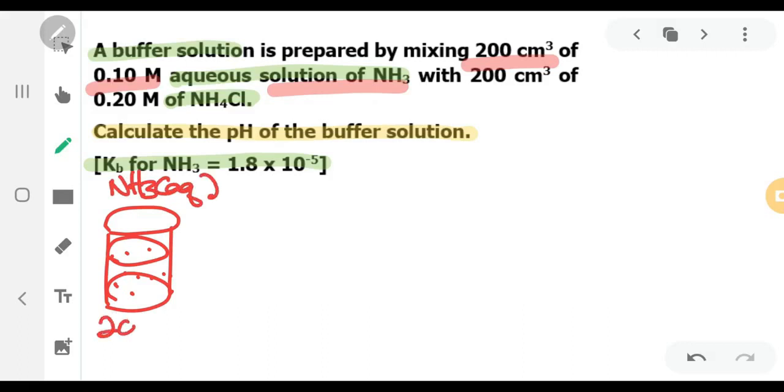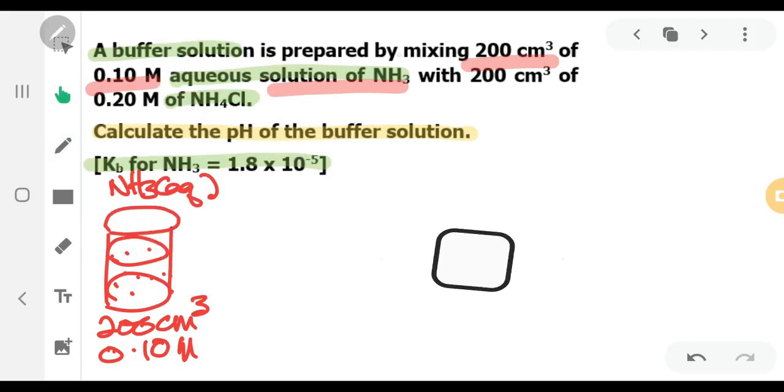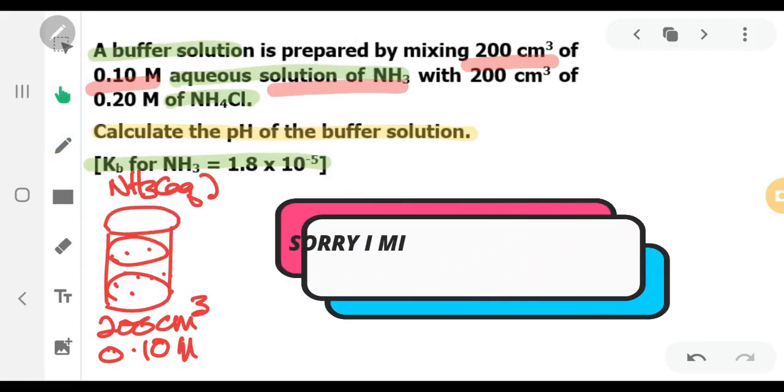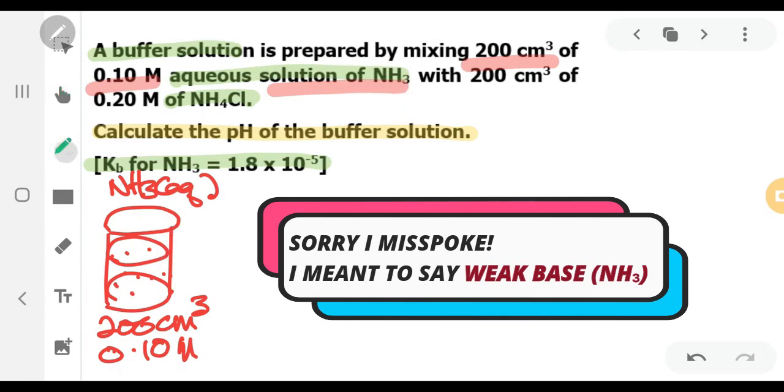We have 200 mL or cubic centimeters with the molarity of 0.10 molar. So this is what the question gives about your weak base. Remember, this is your weak base right here.